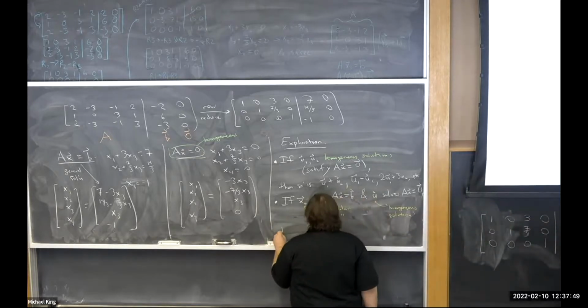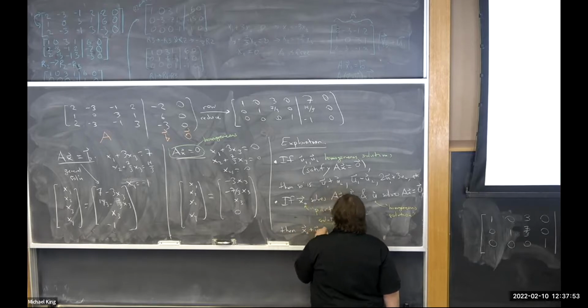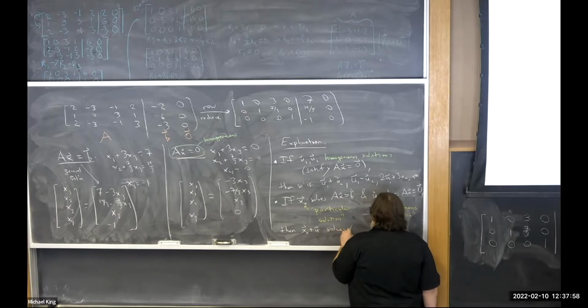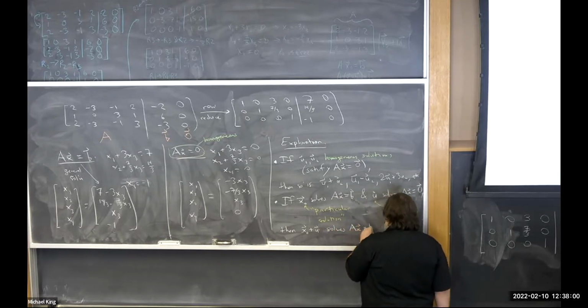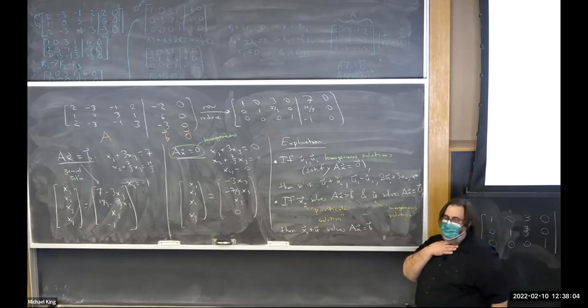Then x naught plus U solves AX equals B. By solves, I just mean is a solution of. It's my shorthand way of writing. Or it's another particular solution.